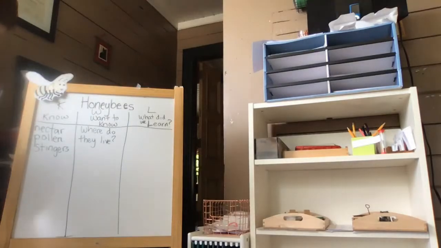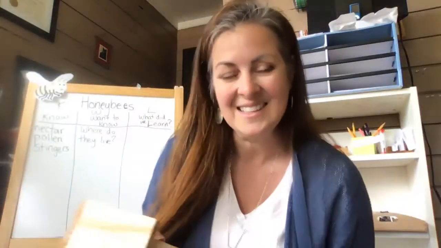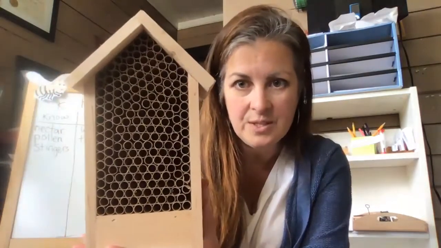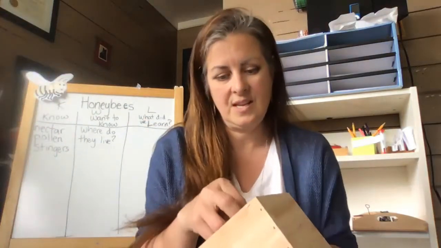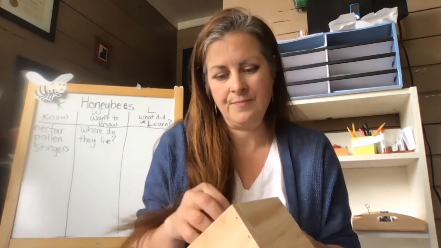And I come over here to our shelf so that they see where I'm getting everything. And then I'm going to show them my example of a mason bee hive, which is really interesting. These bees like to make little mud hives in these tubes.